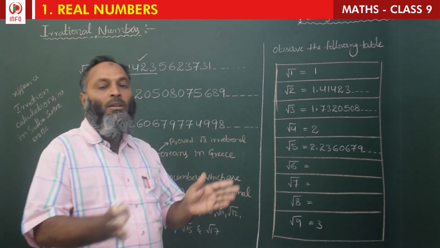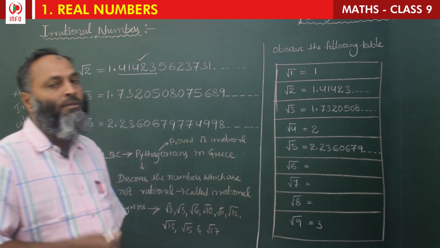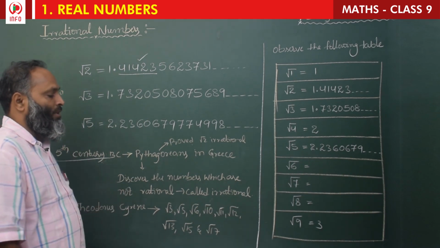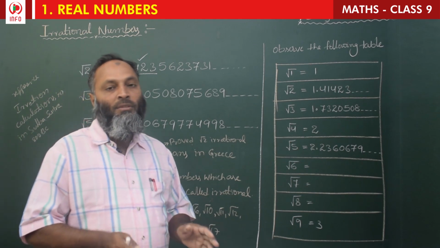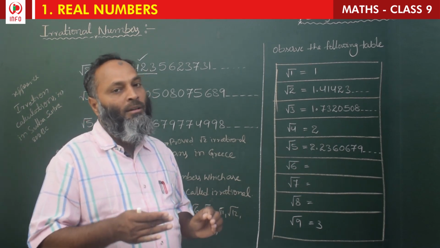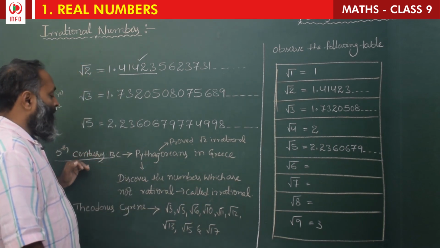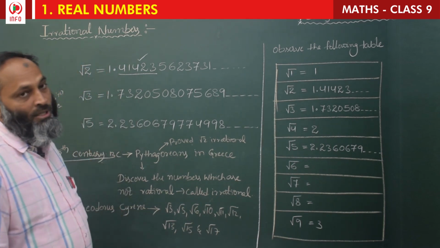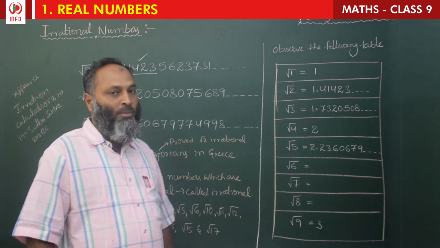Pythagoras' followers discovered irrational numbers in Greece, first in the 5th century. They introduced, meaning they discovered, irrational numbers.